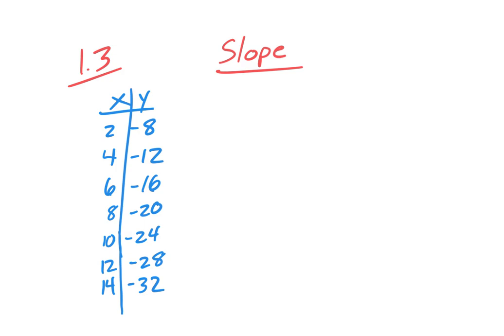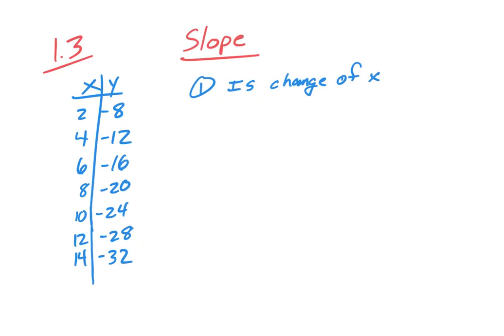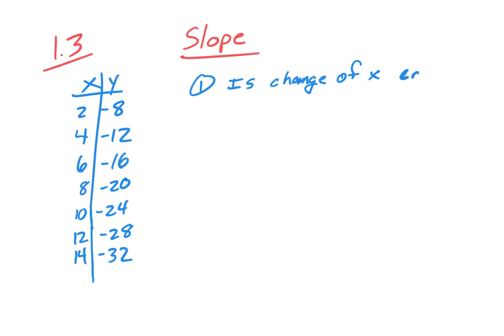The first one would be, is the change of x constant? Constant means remains the same. Is it the same all the way down?